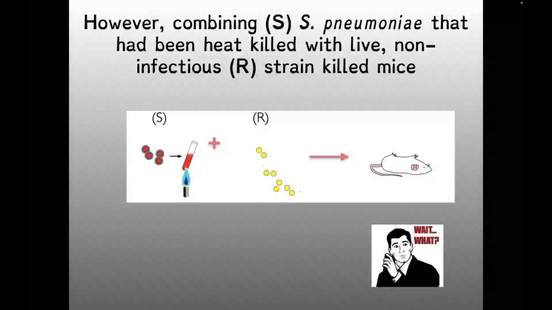And so from this, we can take away not that there is some kind of zombie bacteria, but rather that the hereditary information for being pathogenic and making those proteins which harm the mouse was transferred from the pathogenic strain to the non-pathogenic strain.